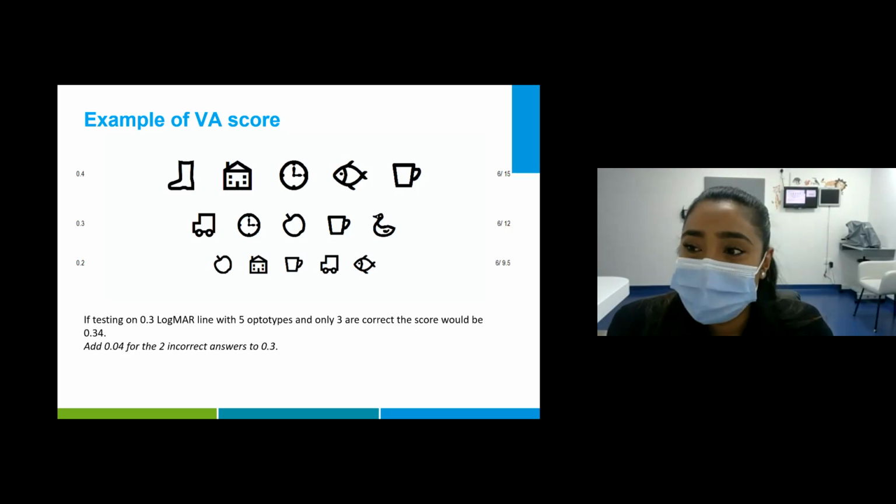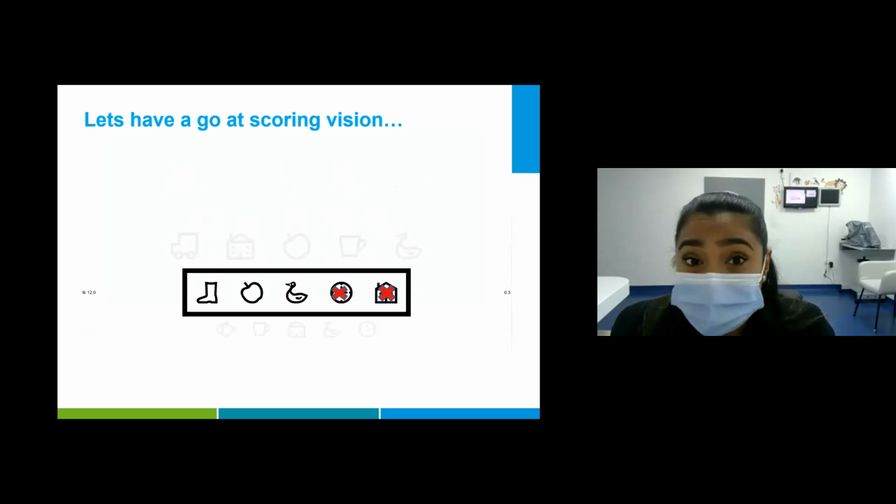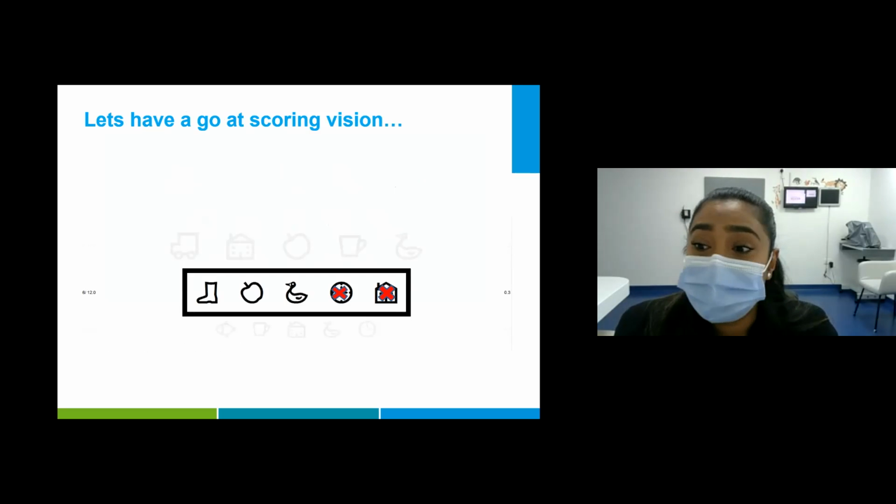But we are going to practice this next. Before we have a go, does anyone have any questions that they want me to clarify? Because we're going to have a go, and it'd be nice if everyone could give their answer.